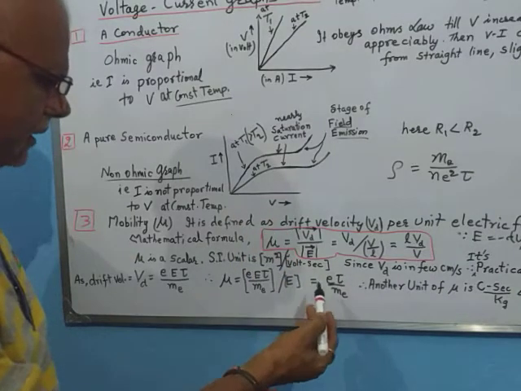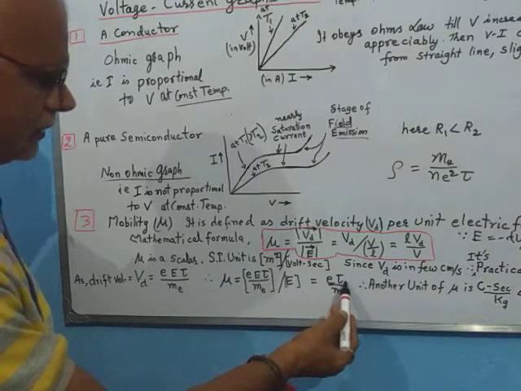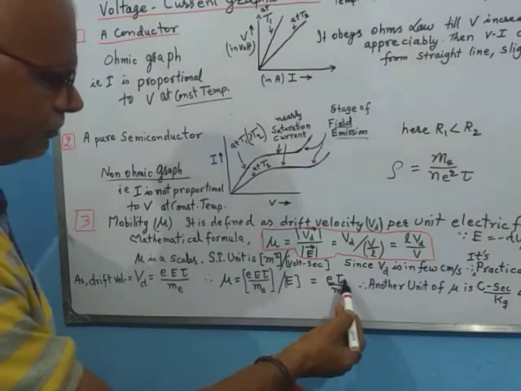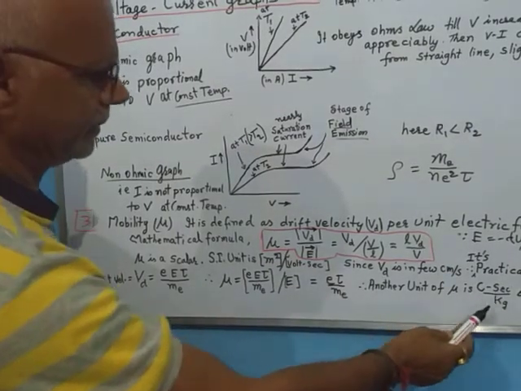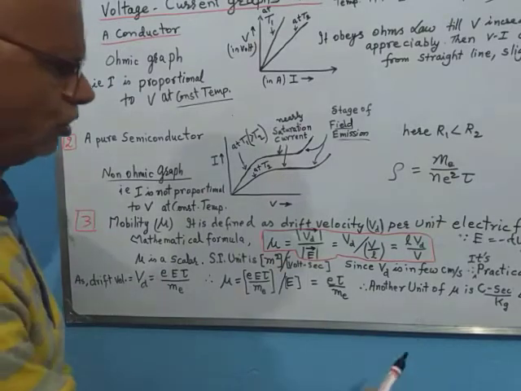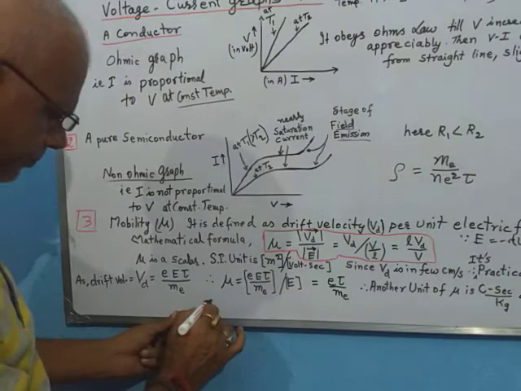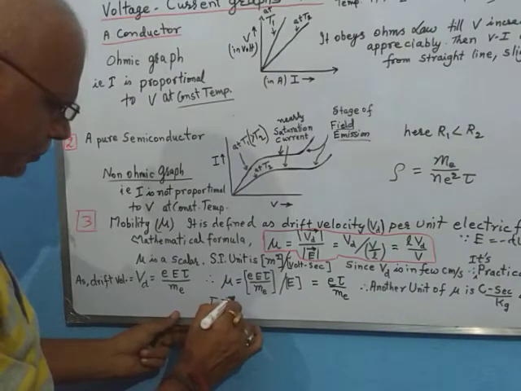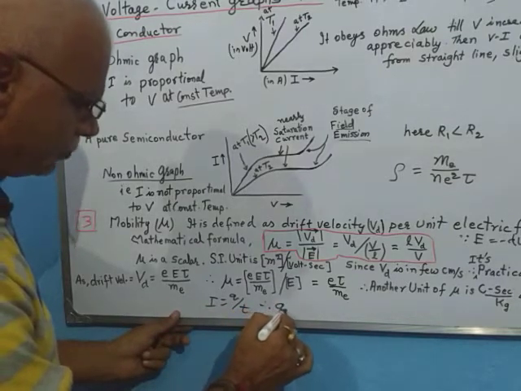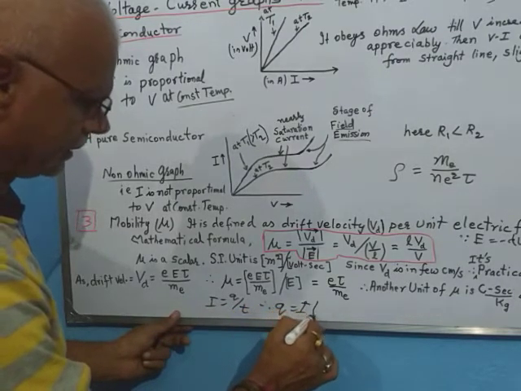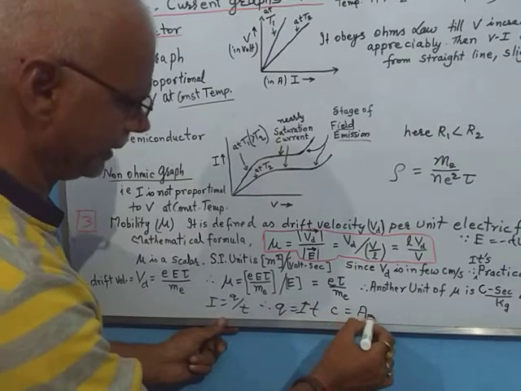That means the SI unit of the mobility will be coulomb. Tau is relaxation time, so it becomes coulomb second divided by mass, that is kg. So we write coulomb second per kg, or if we write the coulomb in terms of ampere second, you see current is equal to charge by time, and therefore charge is equal to current into time, and therefore coulomb will be written in terms of ampere second.